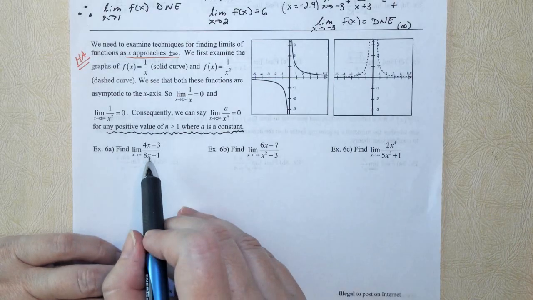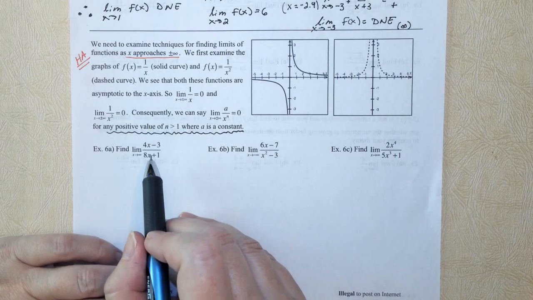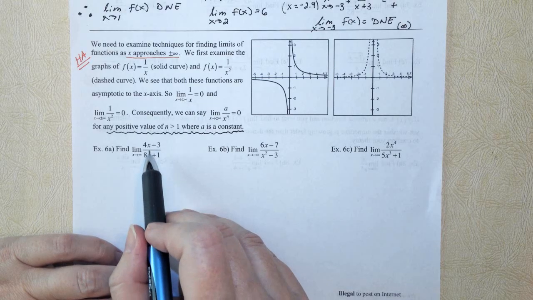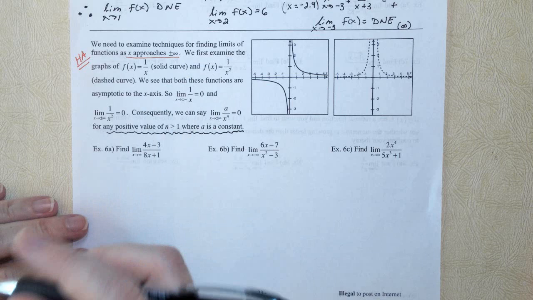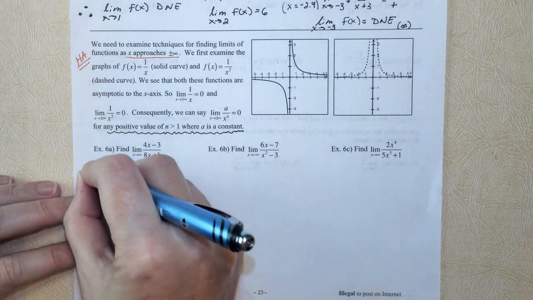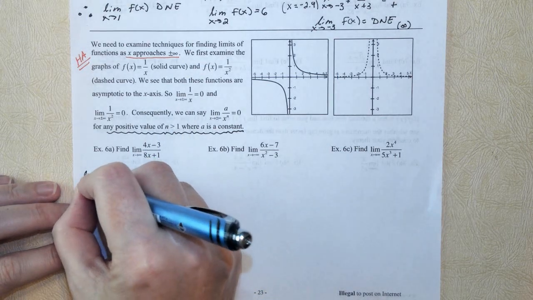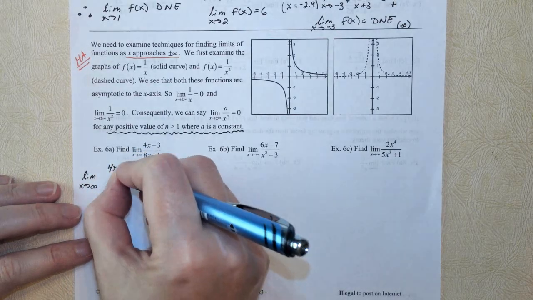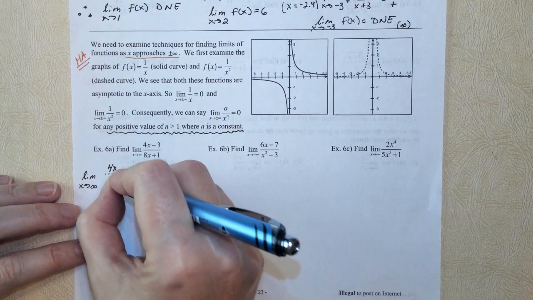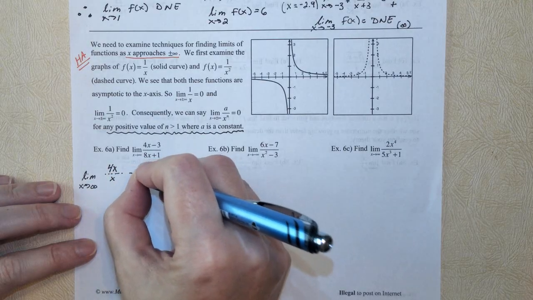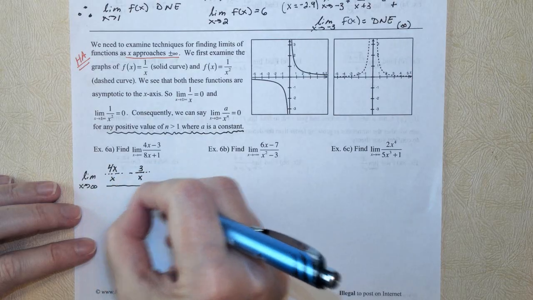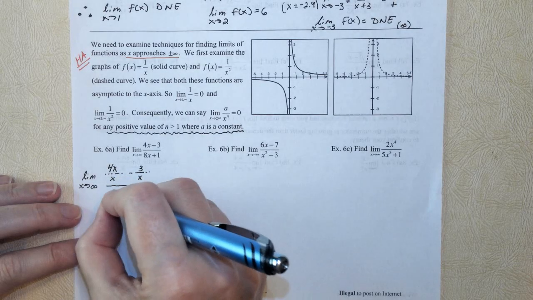So we divide each term by x, because we want to see what happens when we get rid of those x's. So I'm going to write this here, the limit as x approaches infinity, and now I'm going to divide by that x. And remember, whatever I do to the top, I have to do to the bottom.